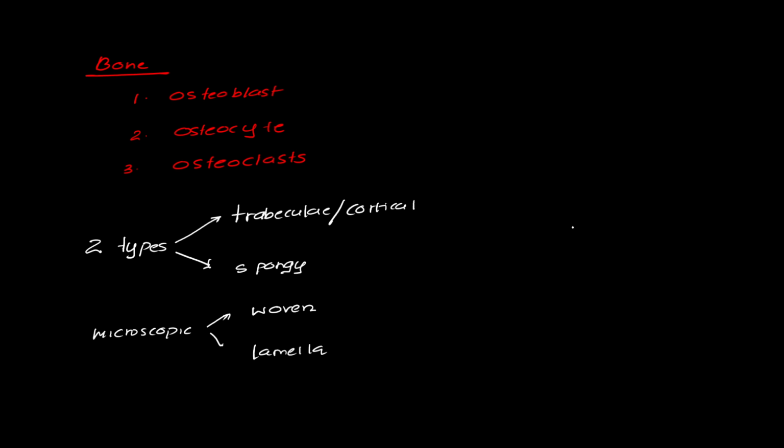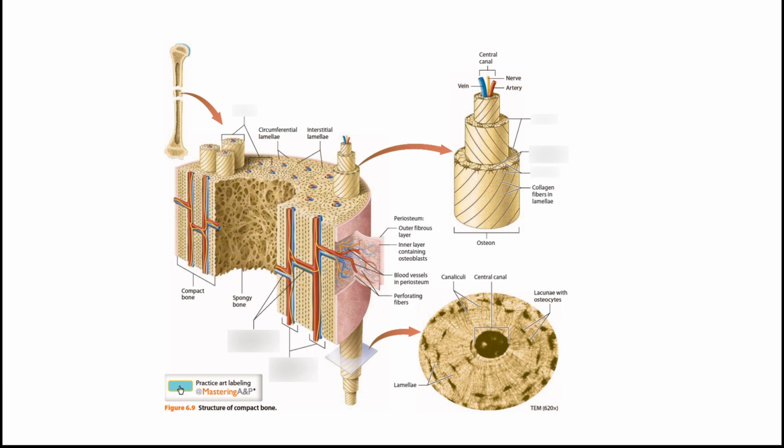So primarily, looking at the structure of the bone, initially I would like to discuss the trabecular bone or the cortical bone. Now in the cortical bone, what you would see is something like this.